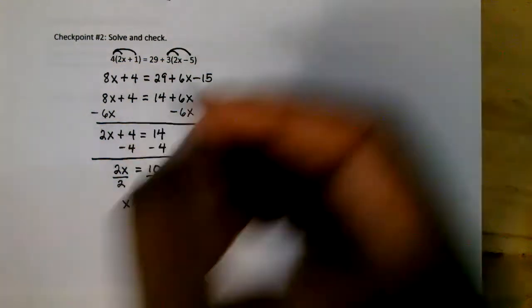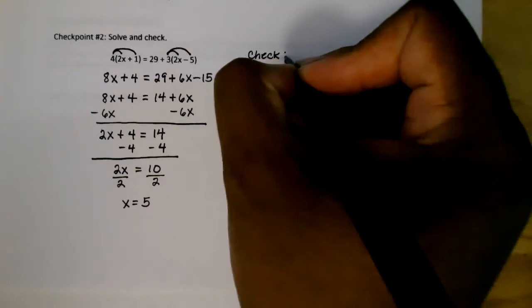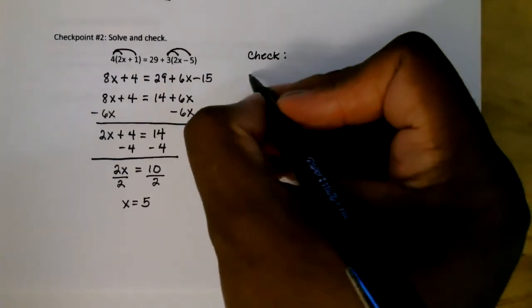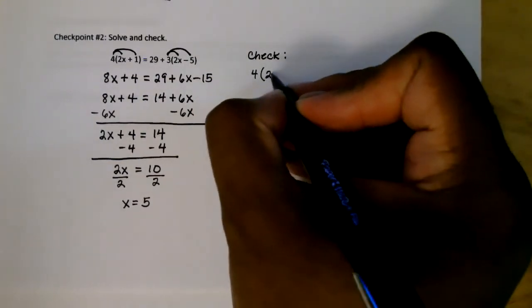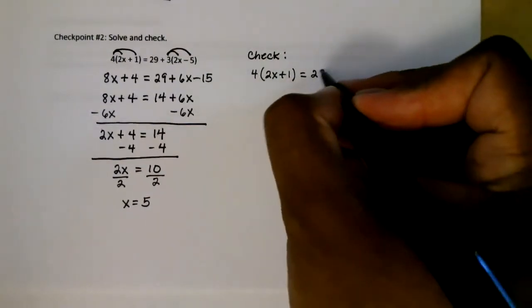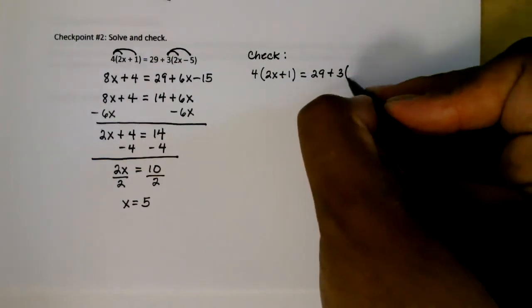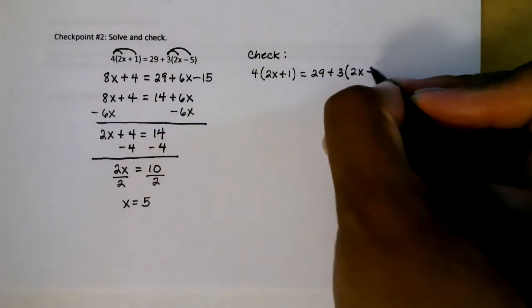Okay, but again, I need to do the check as well. So let me bring down the 4 times the quantity 2x plus 1 equals 29 plus 3 times the quantity 2x minus 5.